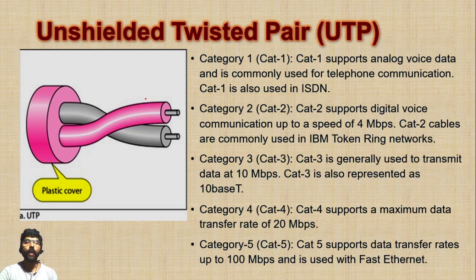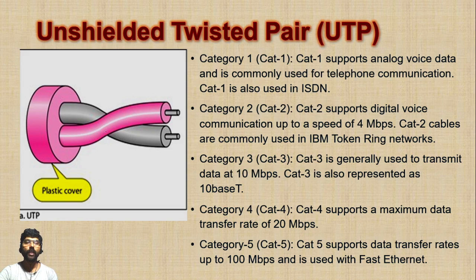Depending on the bandwidth, the unshielded twisted pair can be categorized into five types. The first one is category 1, also called Cat 1. This type of twisted pair is used for sending analog voice data, commonly used in telephone communication.